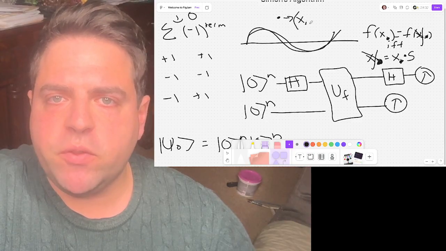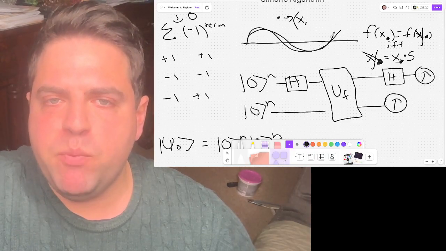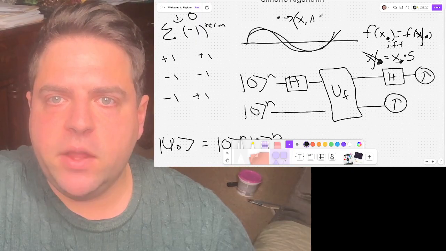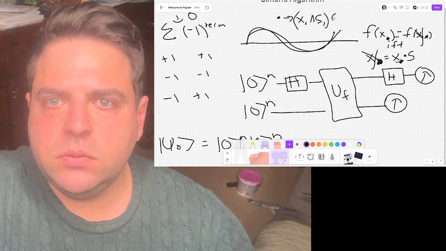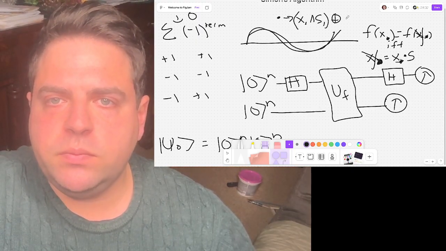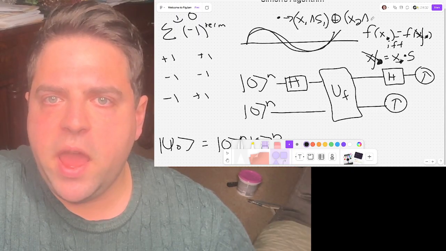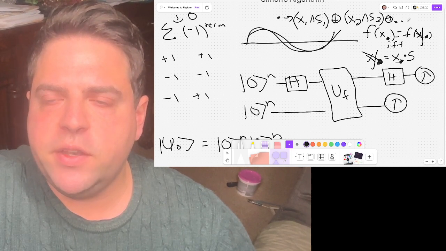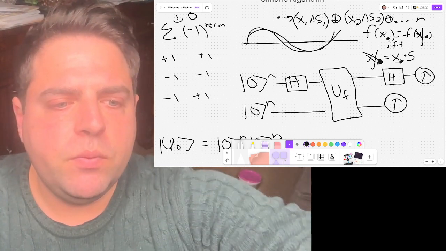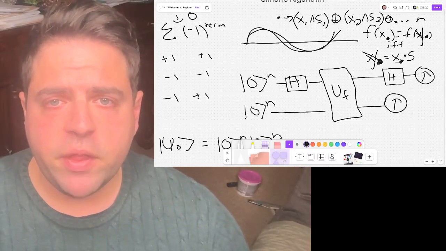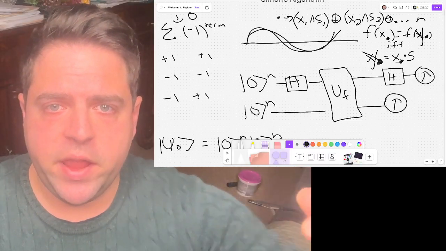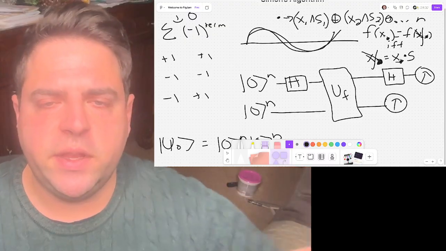So x1 is the first bit in the x string of n bits, and s1, bitwise XOR, the second bit of x and the second bit of s, XOR, dot, dot, dot, all the way out to the nth term. Okay, so that's all that dot really means. We'll be seeing that dot later on.